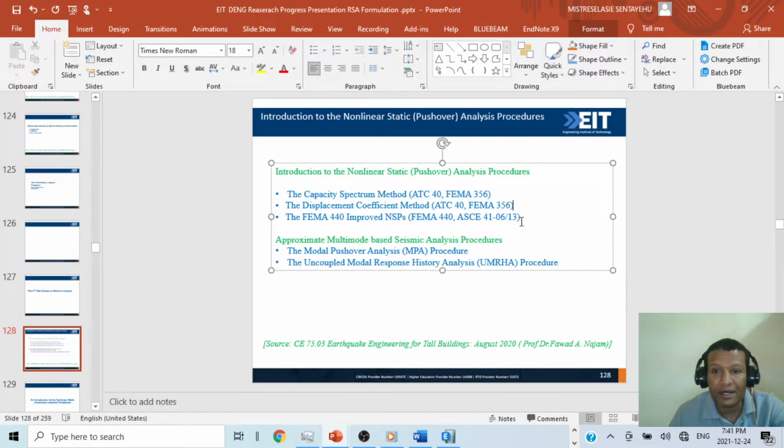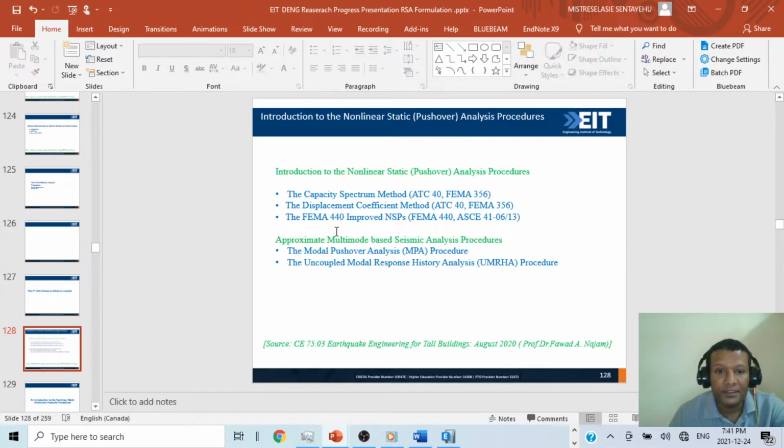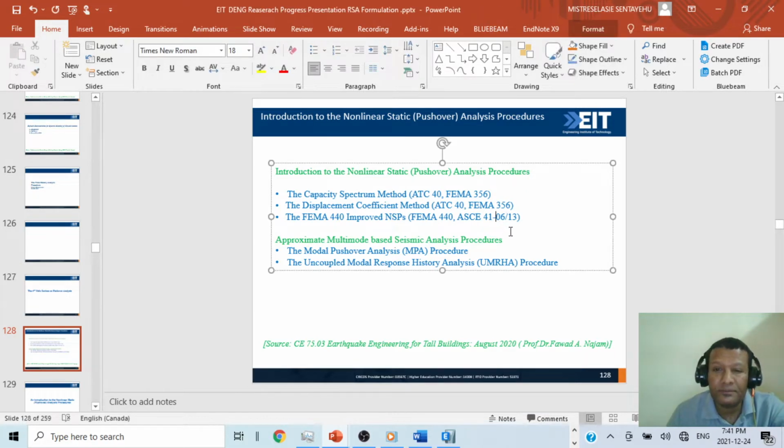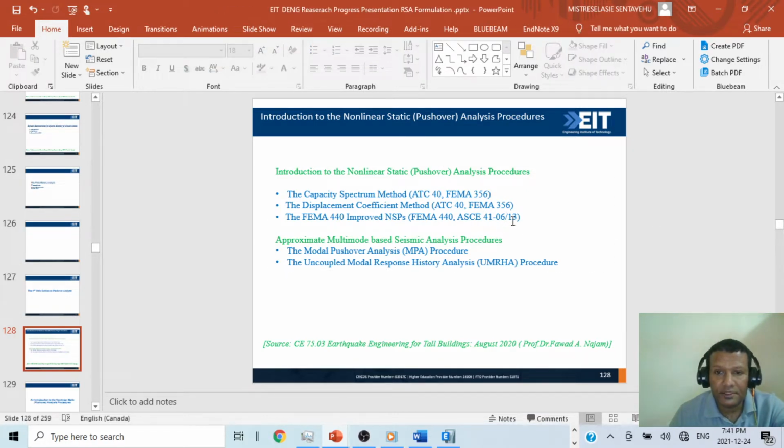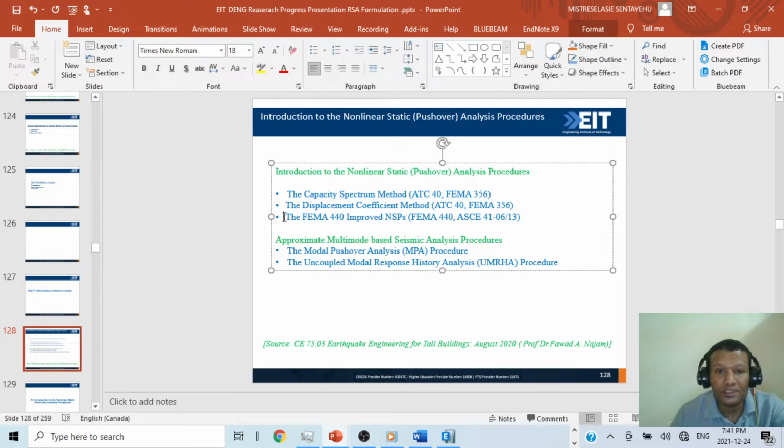Then we also have the updated, improved one, FEMA 440, improved nonlinear static pushover analysis, which is ATC 55 from 2005. This is the improved version.